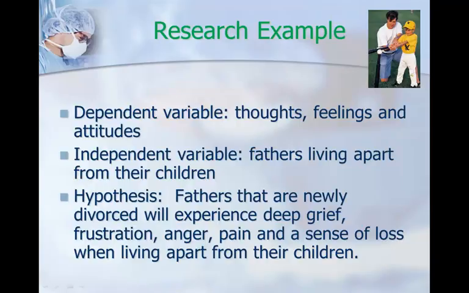So our hypothesis in this research study would be that fathers that are newly divorced will experience deep grief, frustration, anger, pain, and a sense of loss when living apart from their children. So it is that easy to set up your research.